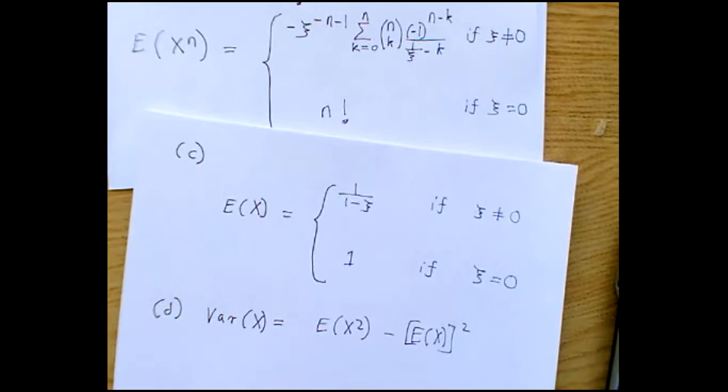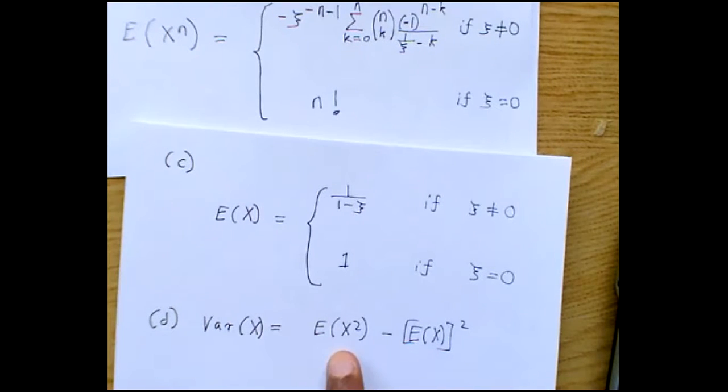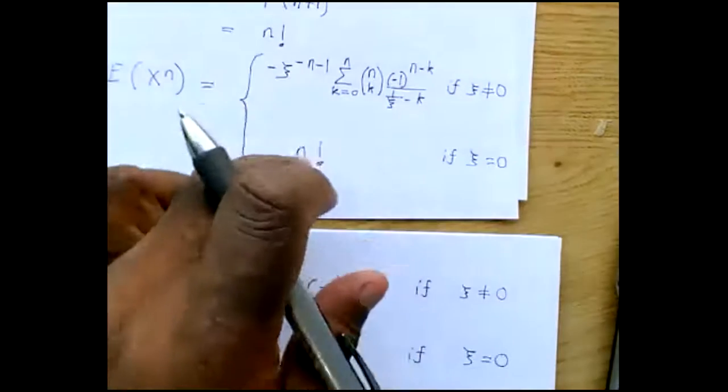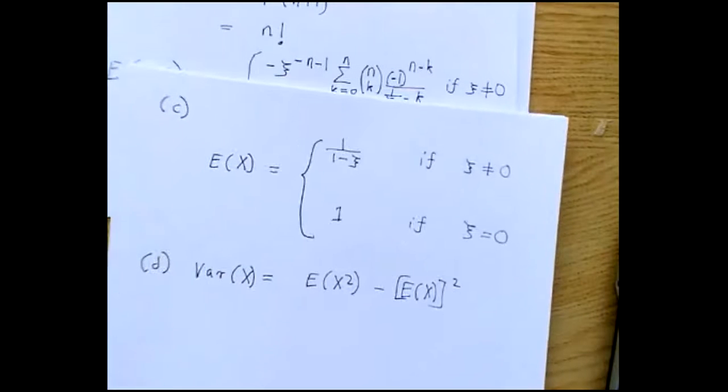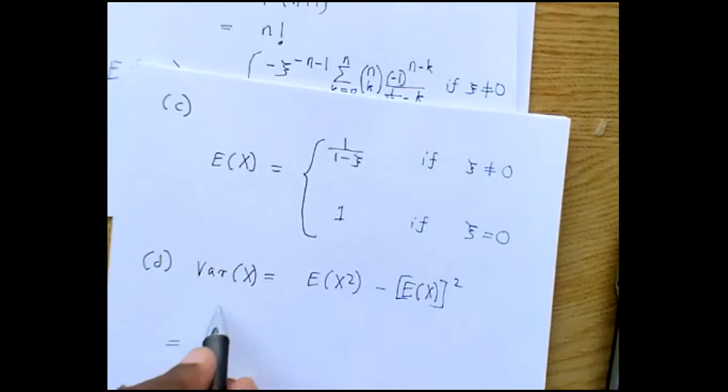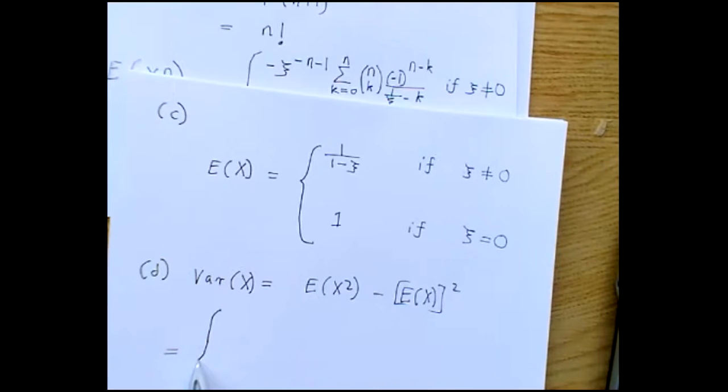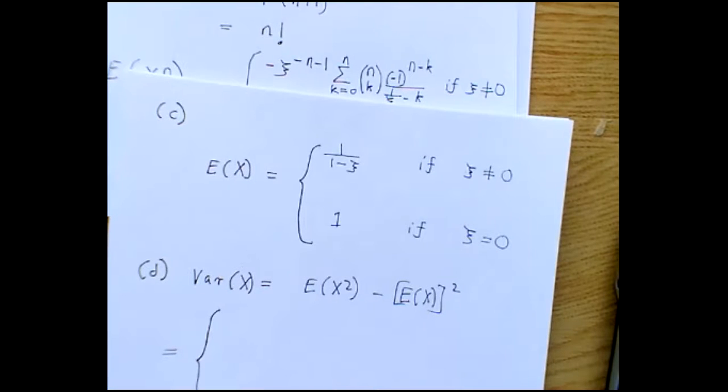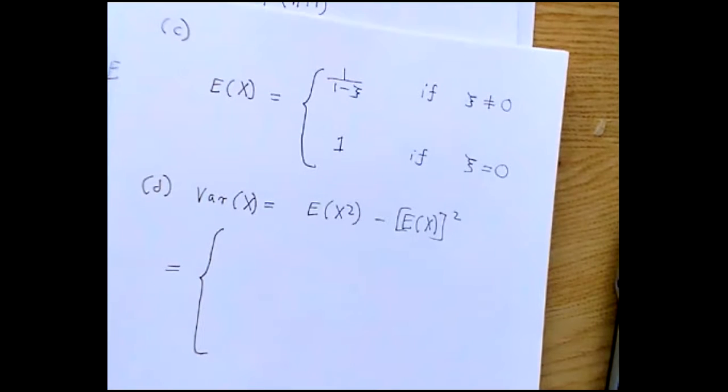We know what this is, so we just need to find this. To find this, you just put n equal to 2 into these formulas, right? Again, you may want to check my answer if it is correct or not, but this is what you will get, I think.